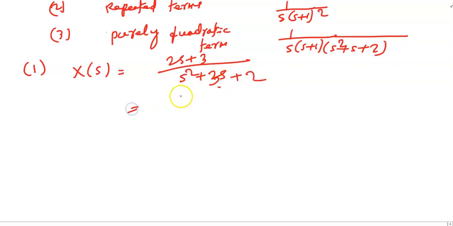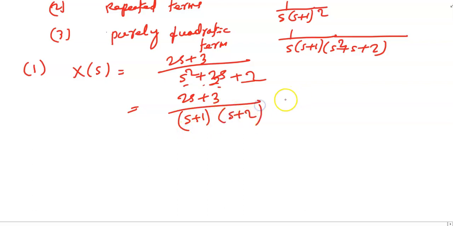So as usual, in the denominator it's not a purely quadratic. So I'll express it in the multiplication of two first order terms. So you can easily see that this is (s plus 1) into (s plus 2). So then we need to partial fraction it.